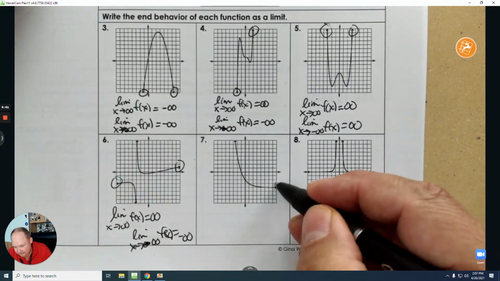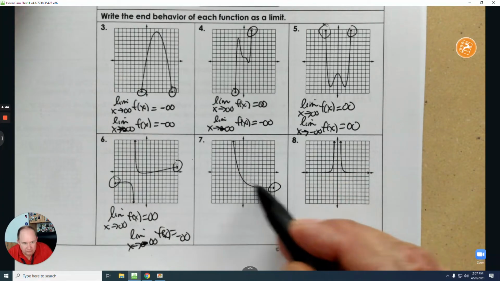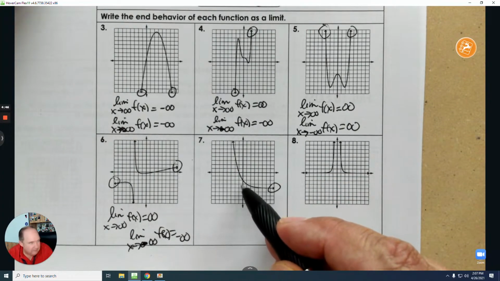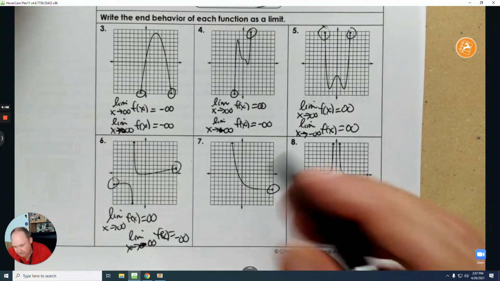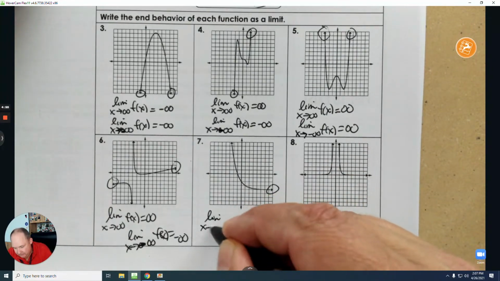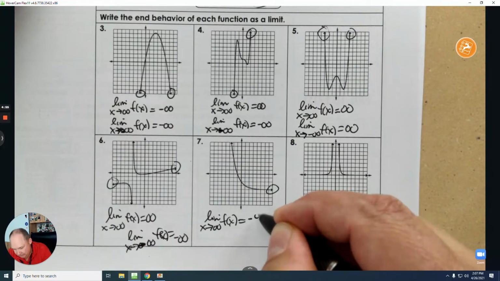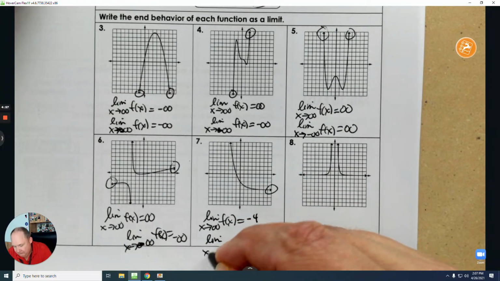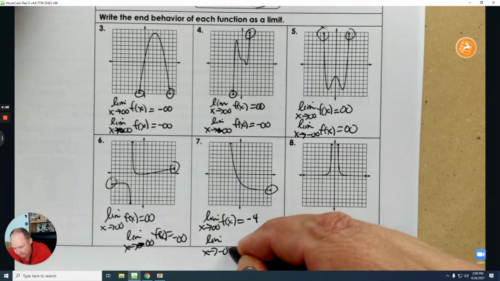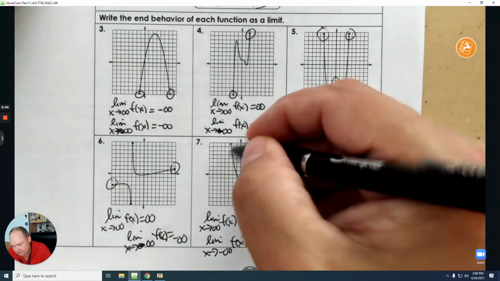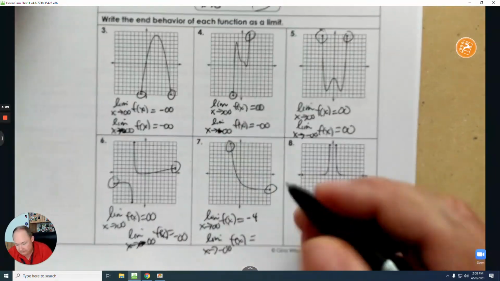Number 7. Notice how this flattens out to a number. That'd be 1, 2, 3, 4. I think it's 4, right? Negative 4. So the limit as x approaches infinity of the function, it's approaching negative 4. The limit as x approaches negative infinity, the left end, it's going up to infinity.